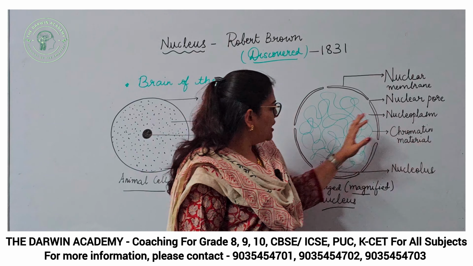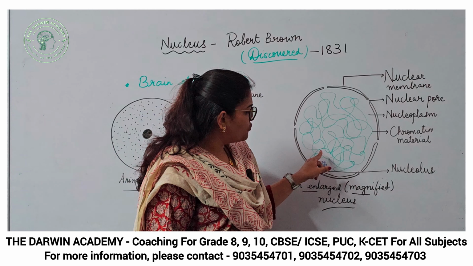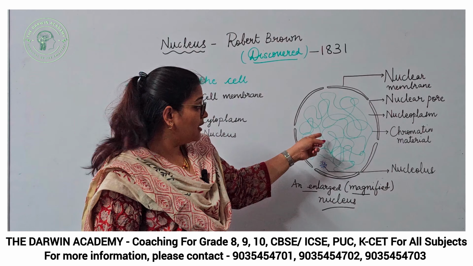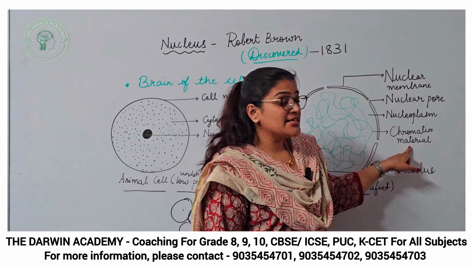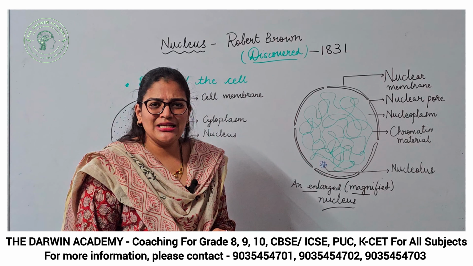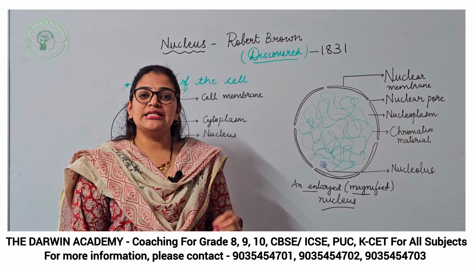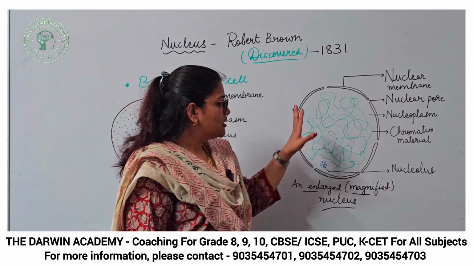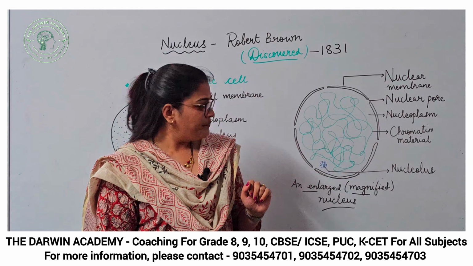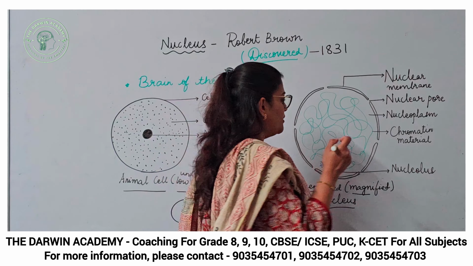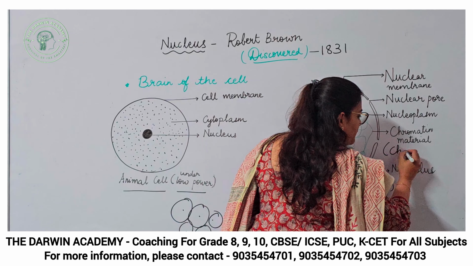Then we see a loosely intertwined thread which I have drawn in green using a green marker, and I have labeled it as chromatin material. What are these chromatin materials? Chromatin material is actually DNA and protein. But during cell division, the chromatin material condenses to form the chromosomes.